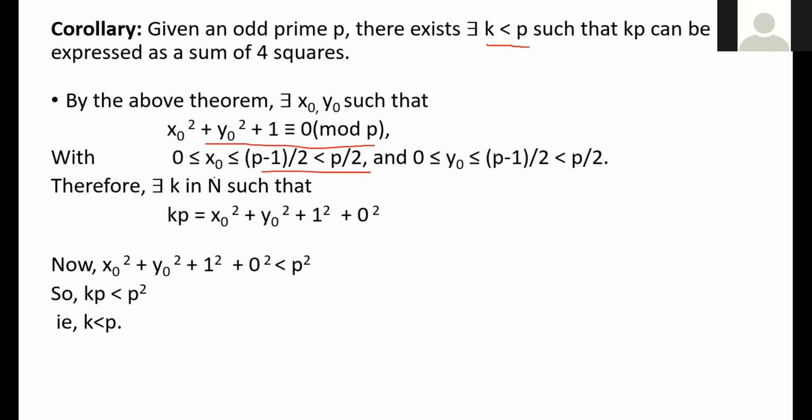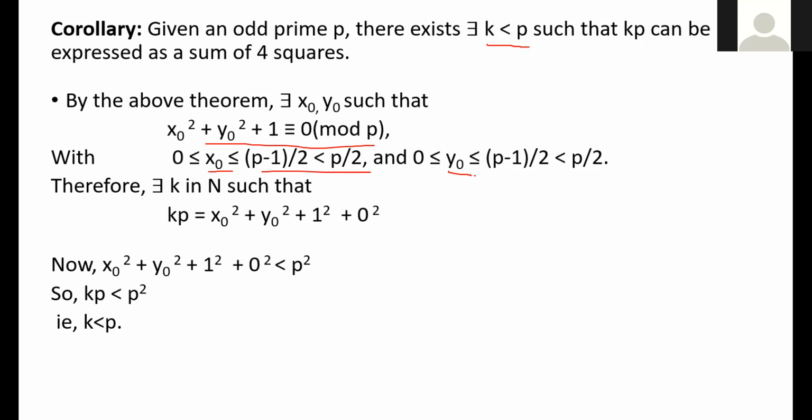So we have the bounds on x naught and y naught, so we have bounds on x naught square and y naught square also. So it will just be p square by 4 plus p square by 4 and plus 1. Okay. So we have kp less than p square, which means k is less than p.